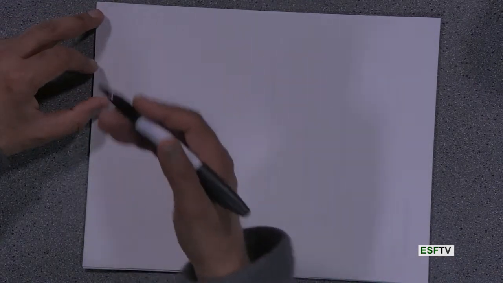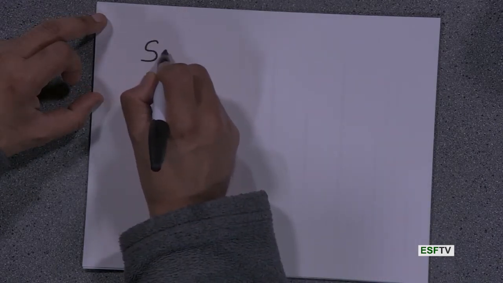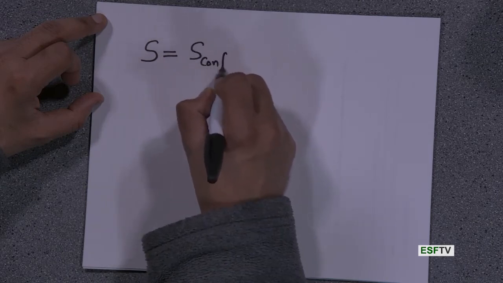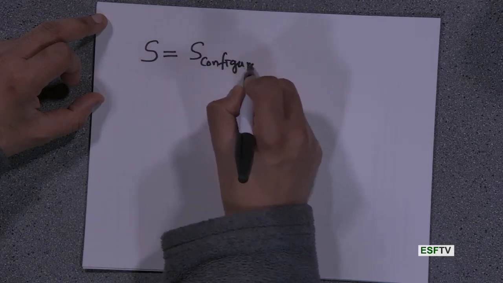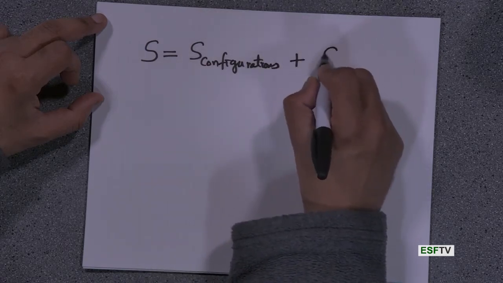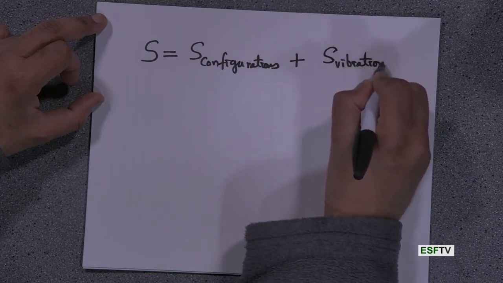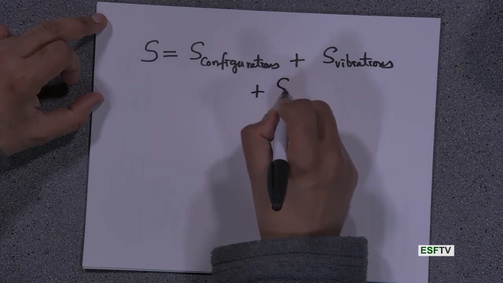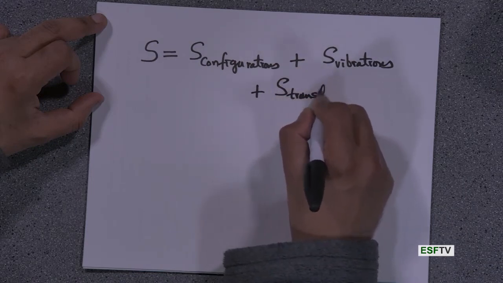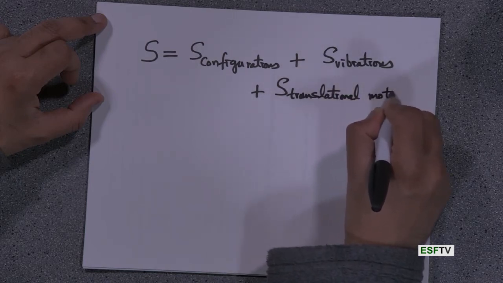More generally, and I don't want to get too deeply into this, we could say the entropy or the disorder has contributions from the number of configurations, that's the number of arrangements of atoms or molecules, plus entropy associated with molecular vibrations, plus entropy associated with molecular translation, translational motion, molecules flying around, et cetera.